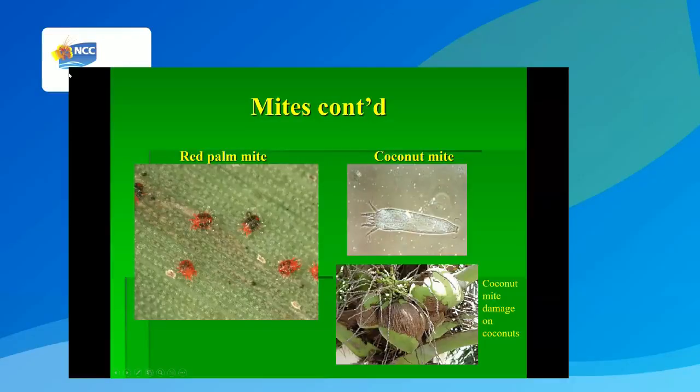It's very small. It gets under the cap of the coconut, feeds in there in a protective environment, and does that kind of scarring on the fruit of the coconuts, which reduces the water content as well as the copper content of the nuts. Next slide, please.